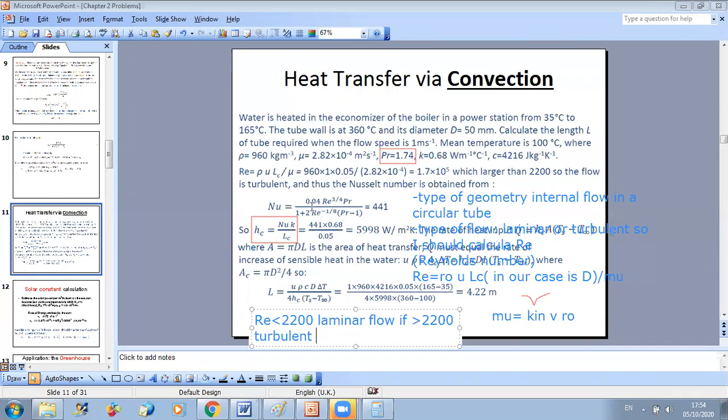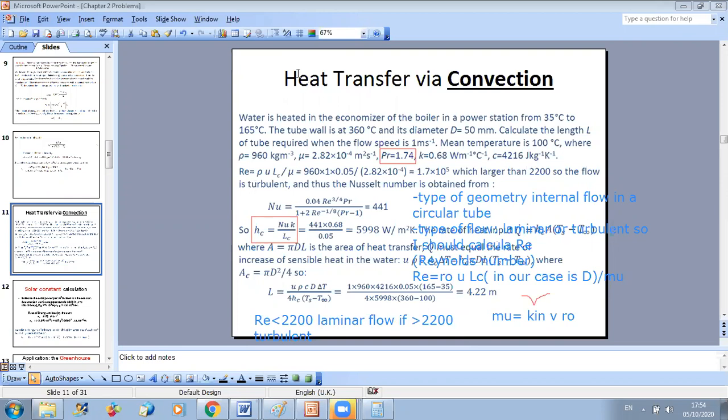So here I calculated Reynolds. The Reynolds number is very high here. It's much larger than 2200, so my flow is turbulent. Because my flow is turbulent, I will go to the formula sheet or to the charts I have, and I will select the empirical relation for a turbulent flow in circular tubes. This is the one we have seen in the course.